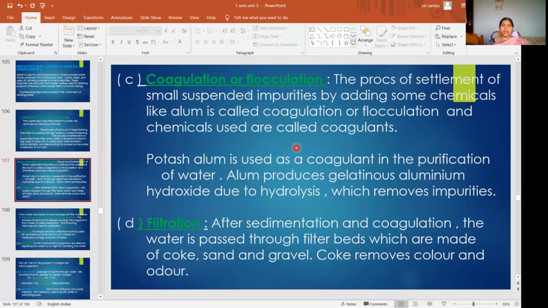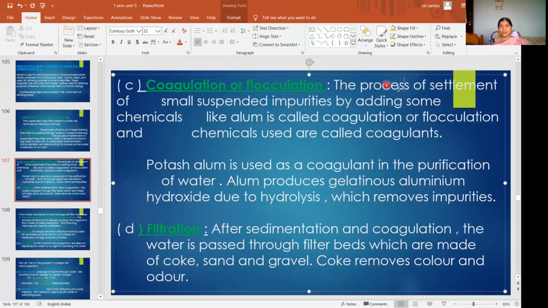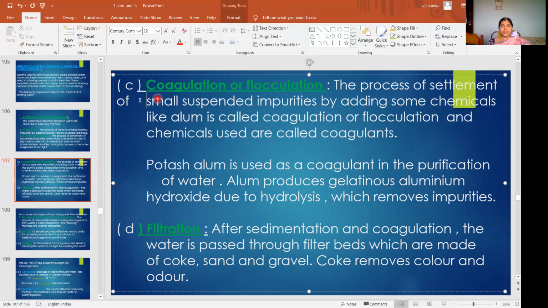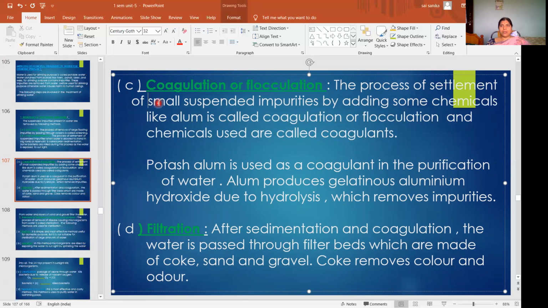Then next, after sedimentation, we'll go to coagulation, which is also called flocculation.